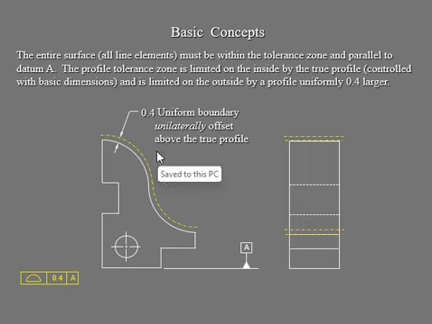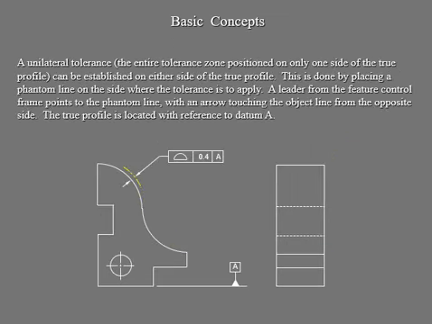When it comes to the entire surface, we're dealing with all the line elements on that surface. It's got to be within the same tolerance zone and parallel to your datum. Even though we're doing the unilateral, this was only that chunk.